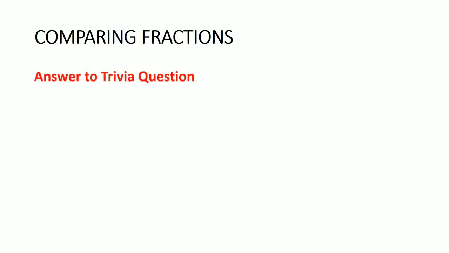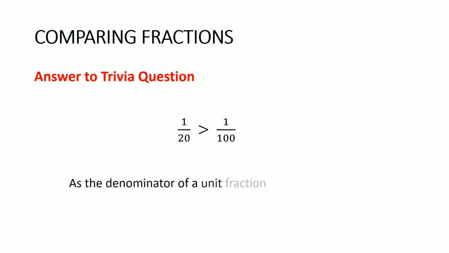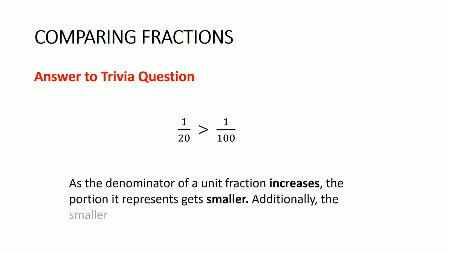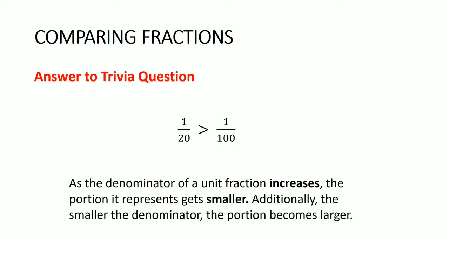Now, turning our attention to the trivia question, we can see 1/20th is greater than 1/100th. This is because as the denominator of a unit fraction increases, the portion it represents gets smaller. Additionally, the smaller the denominator, the bigger the portion becomes.